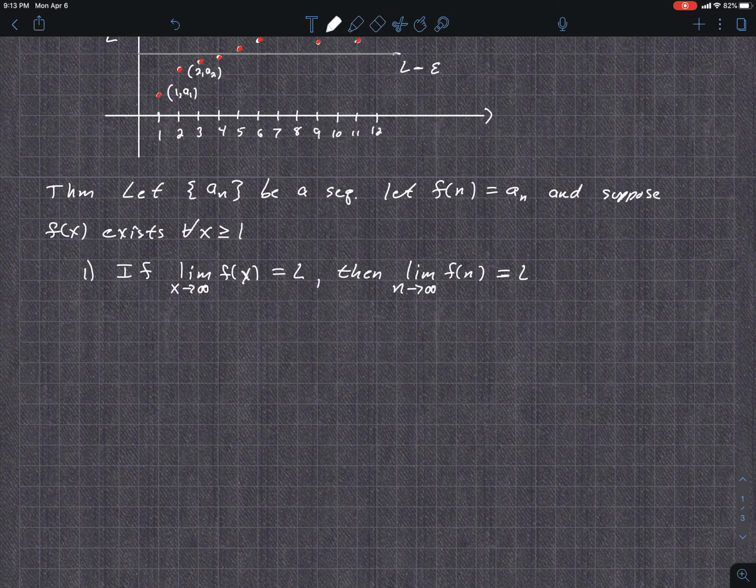So those are the positive integers. If it works here, it works here.